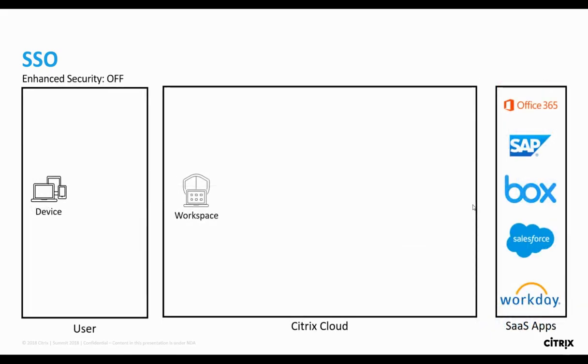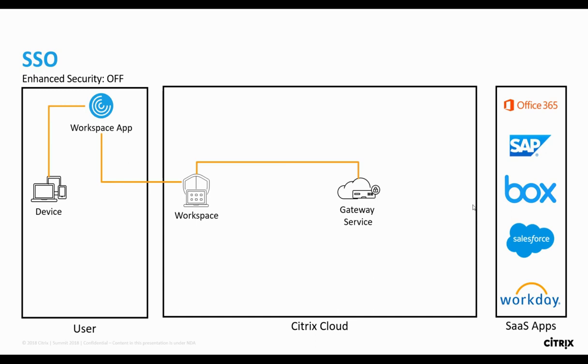So with enhanced security turned off, what happens is, if I have Workspace App, so in this scenario we're going to talk about Workspace App. The user launches Workspace App. Workspace App talks to the Workspace Experience service running in Citrix Cloud. It gives you a list of your applications. Those applications show up in your Workspace App, and the user clicks on one. When the user clicks on an application, that request goes from your Workspace App to the Workspace Experience.